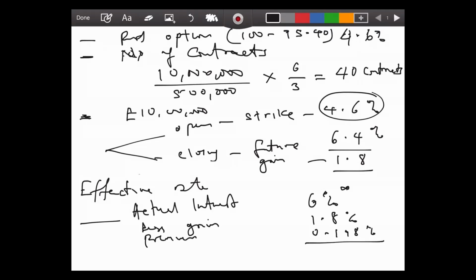Adding all this will give an effective rate of 4.398%. So this is the effective rate.